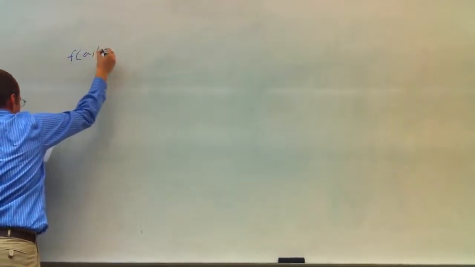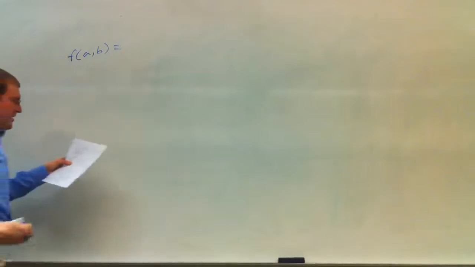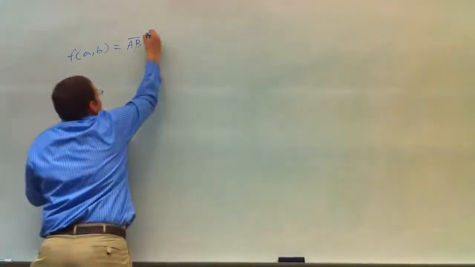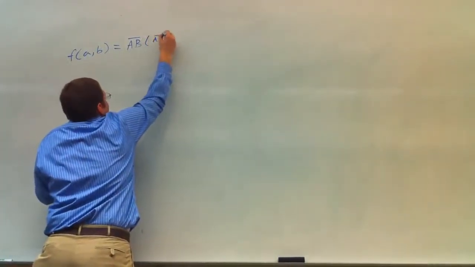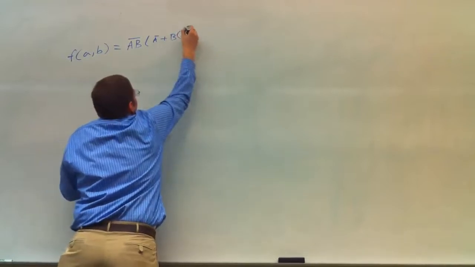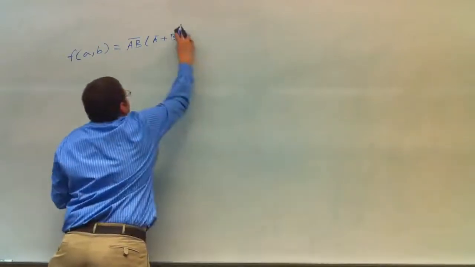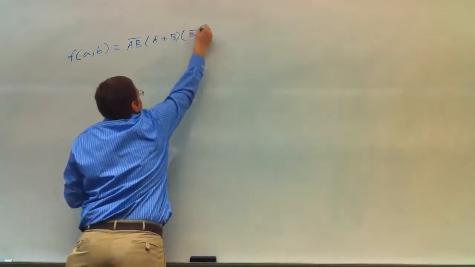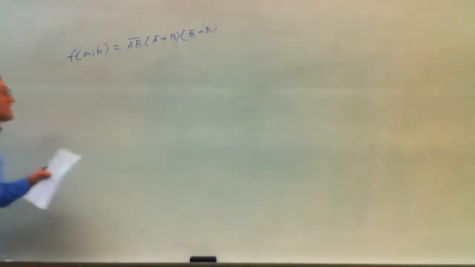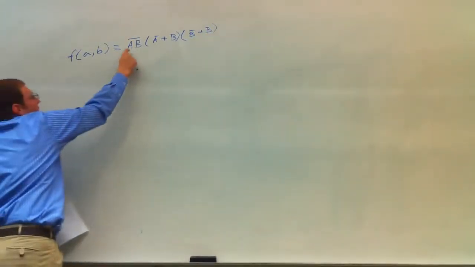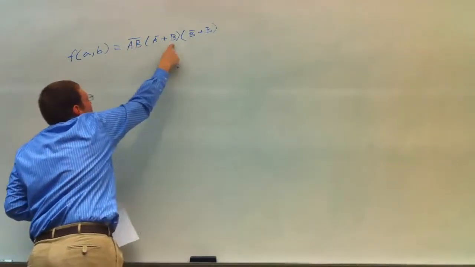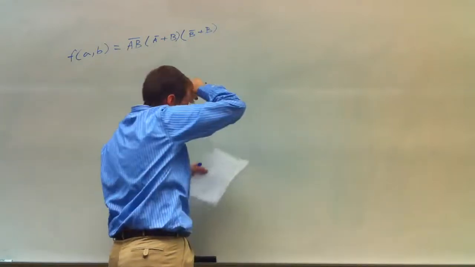So we have the function AB, and we have A and B NOT, and with A NOT or B, ended with B NOT or B. So A and with B NOT, A NOT or with B, ended with A NOT or B.